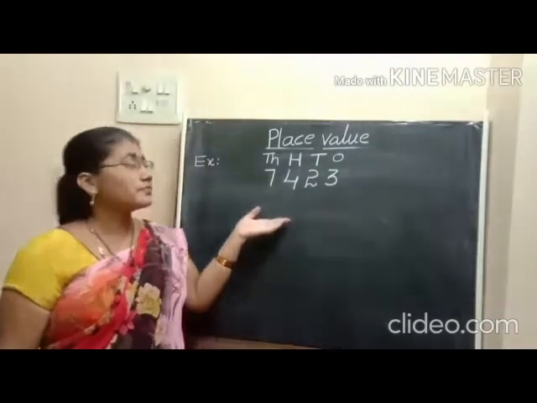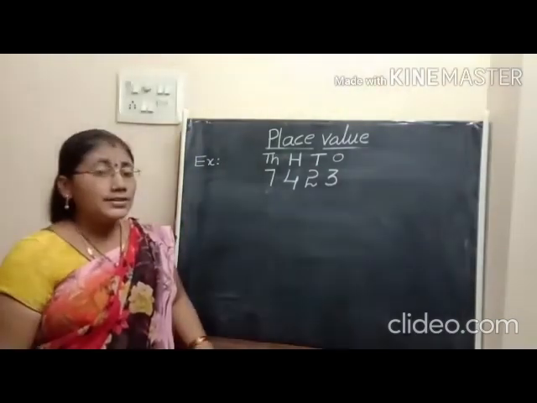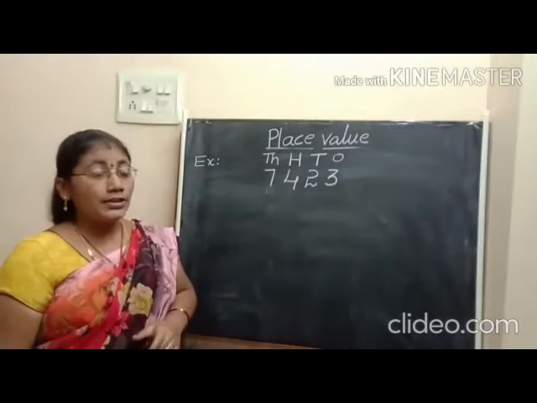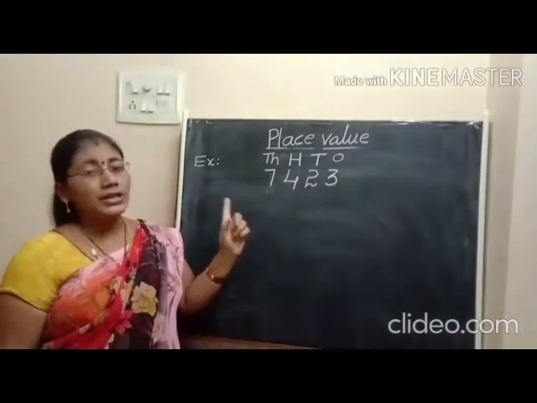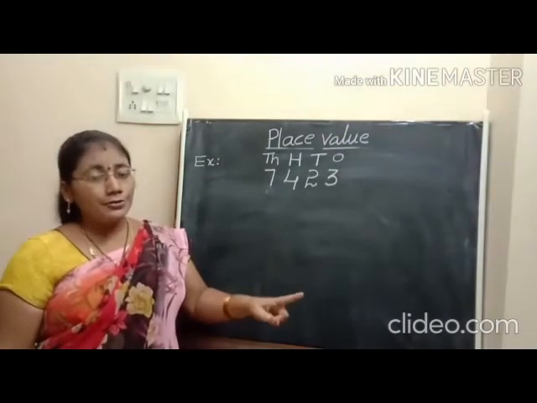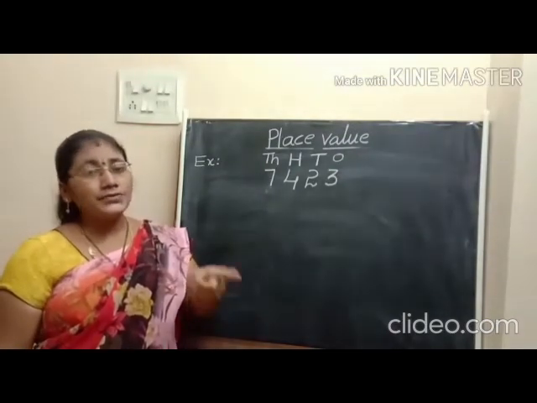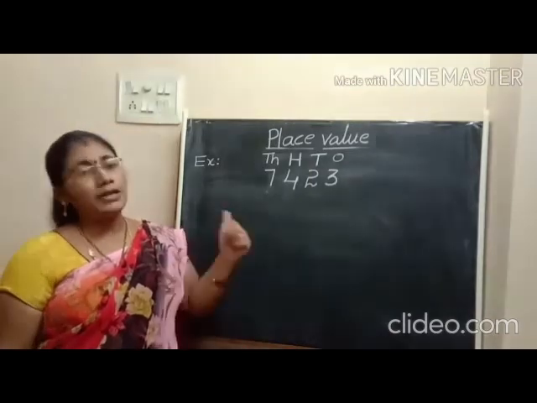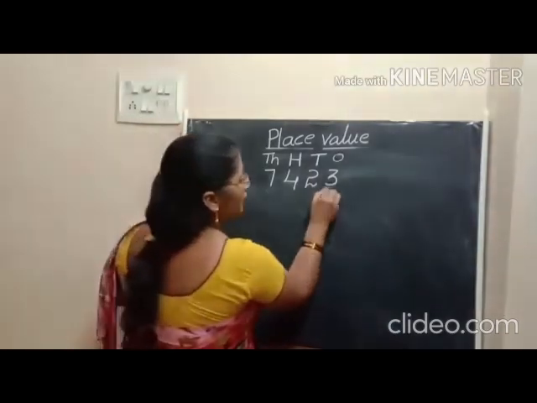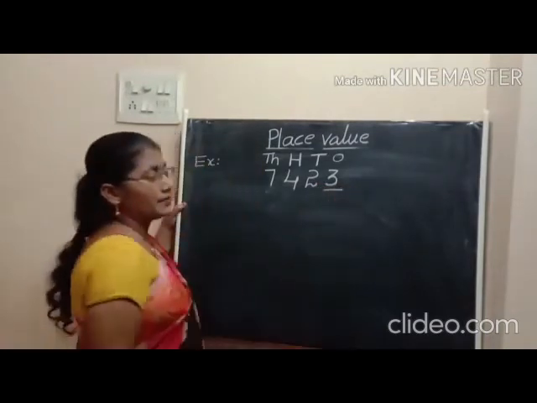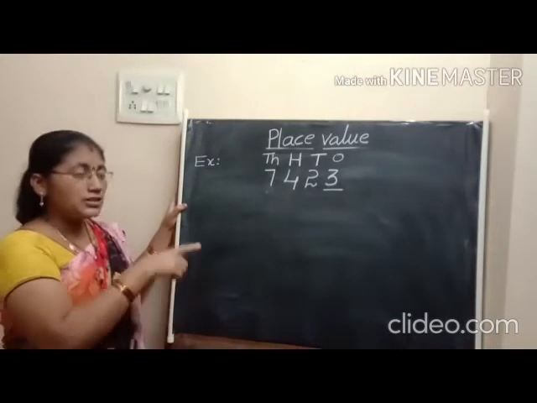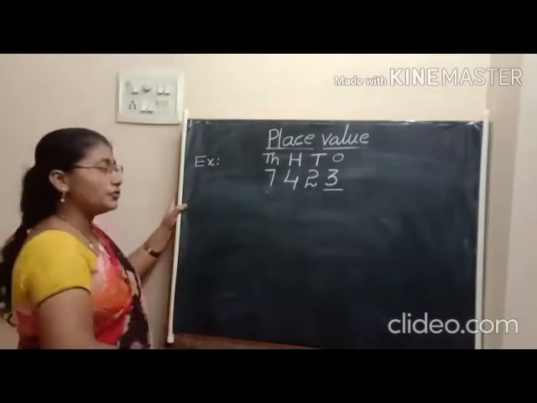Okay. Then let us see how to write place value. Before that we should write face value, because the product of face value and the place of the digit is the place value. Let us write place value for 3. To write place value of 3, first we should write face value of 3.